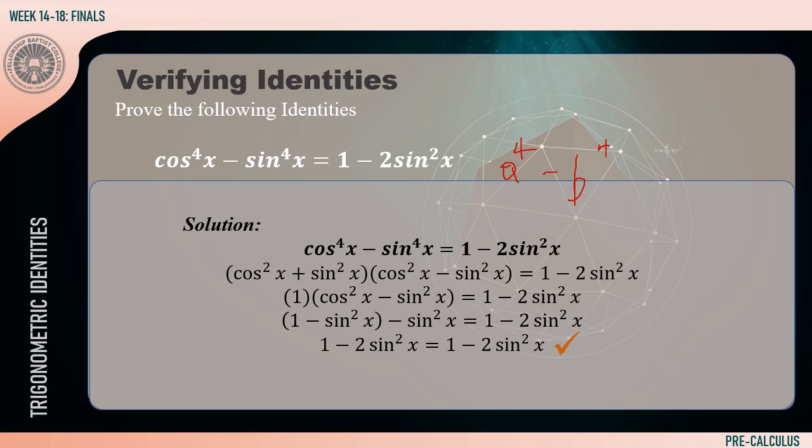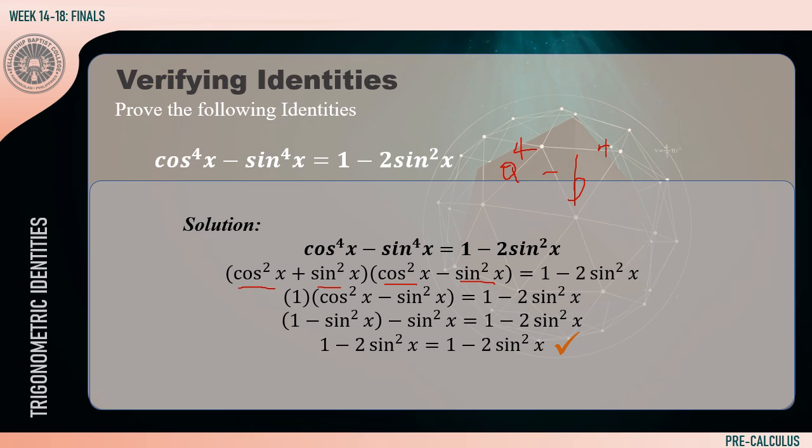Kung mag-factor ka, square sang a plus square sang b multiplied by square sang a minus square sang b. Same man dali. Square sang cosine plus square sang sine multiplied by square sang cosine minus square sang sine.